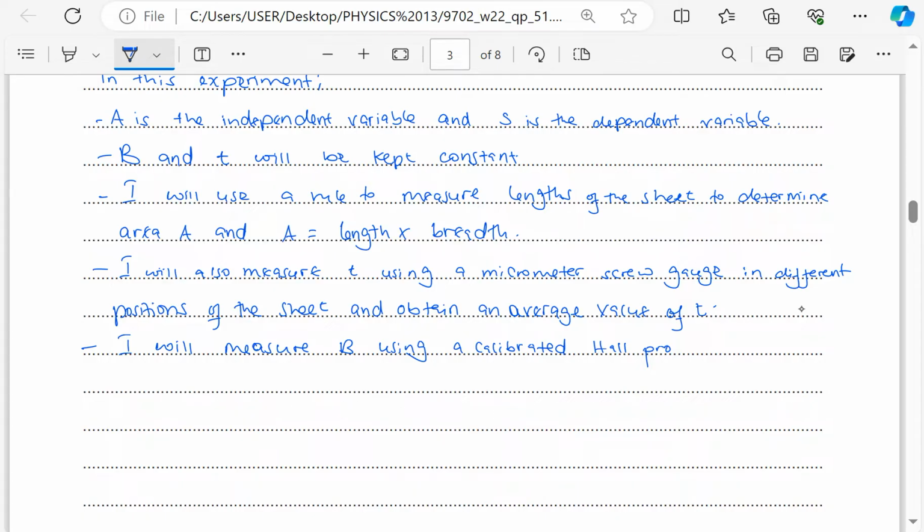You should use the Hall probe to measure magnetic flux density B. So I'll measure B using a calibrated Hall probe, first in one direction, then in the opposite direction, and obtain the average value.